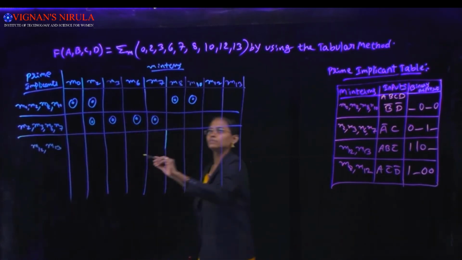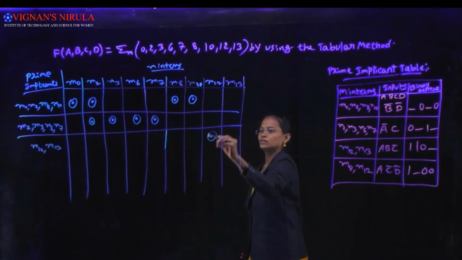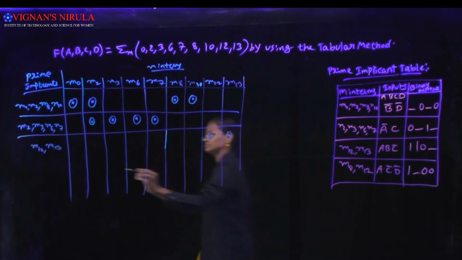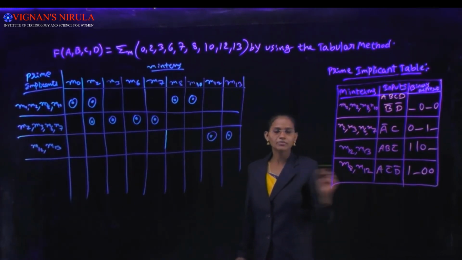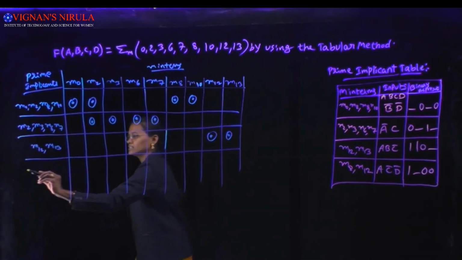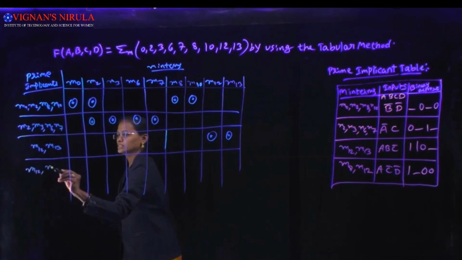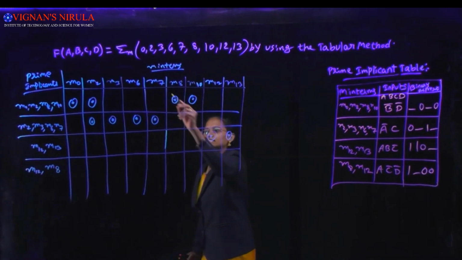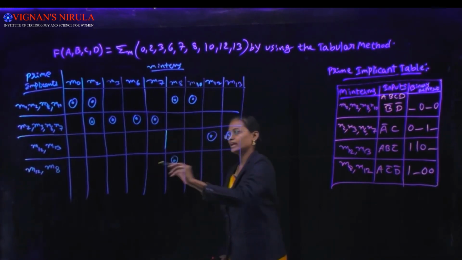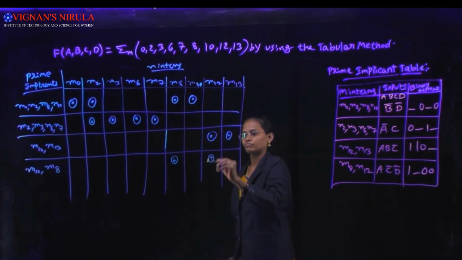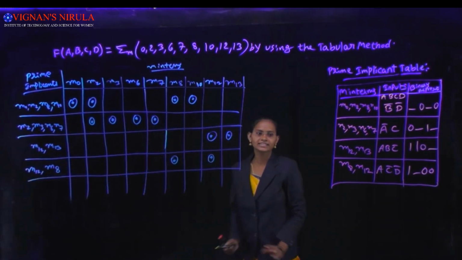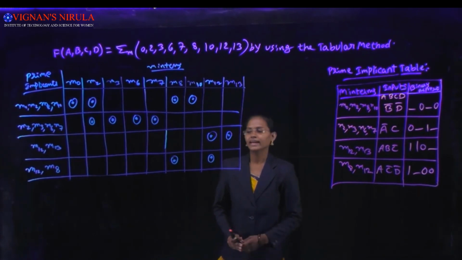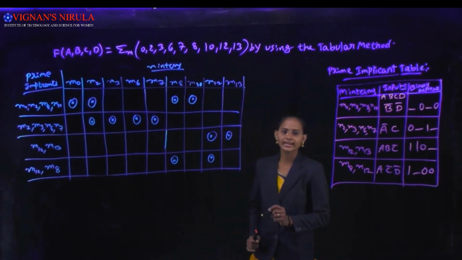We dot those min terms, M12 and M13. And next group M8 and M12. M8 is here and M12 is here. Okay. And this is the prime implicant chart. And next write down the equation. How to write the equation?